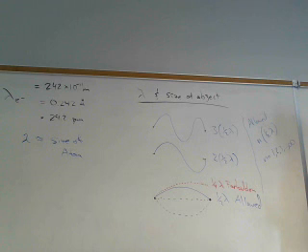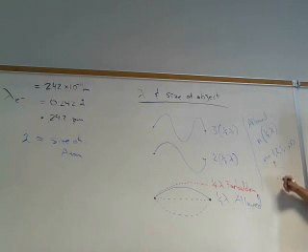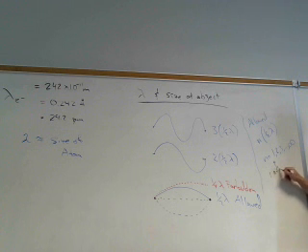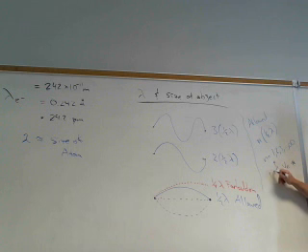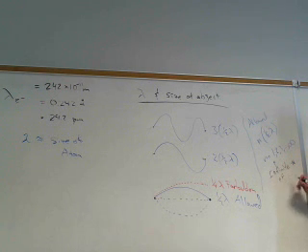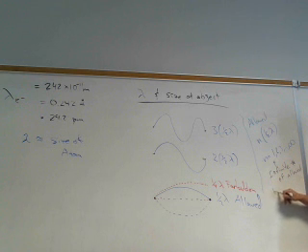How many forbidden states are there? Here, an infinite number of allowed states, but also an infinite number of forbidden states. If there's an infinite number of allowed states, then why is this not continuous? Would you say continuous? No. An infinite number of allowed, but also an infinite number of forbidden.